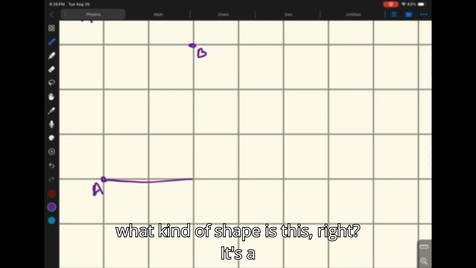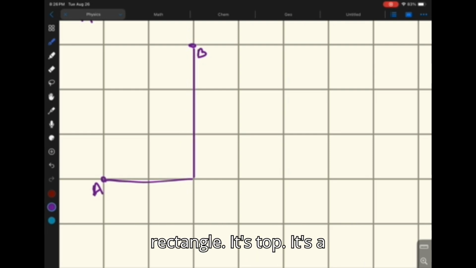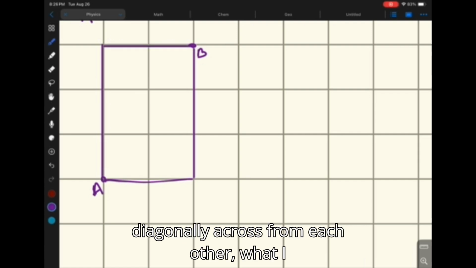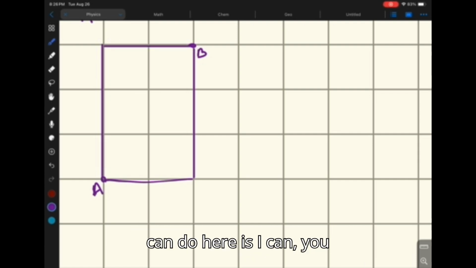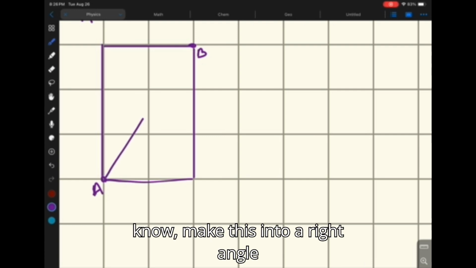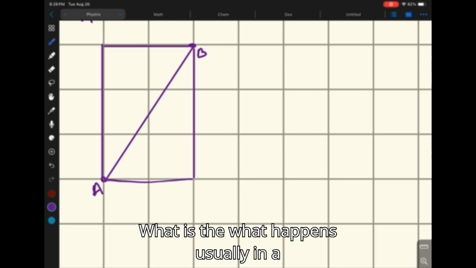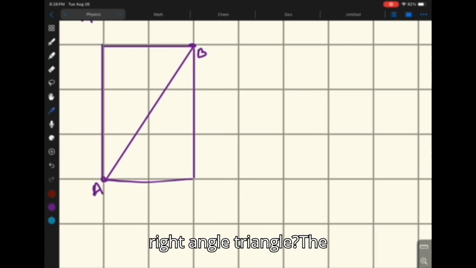Well, what kind of shape is this? It's a rectangle. But since they're diagonally across from each other, what I can do here is make this into a right angle triangle. What happens usually in a right angle triangle?